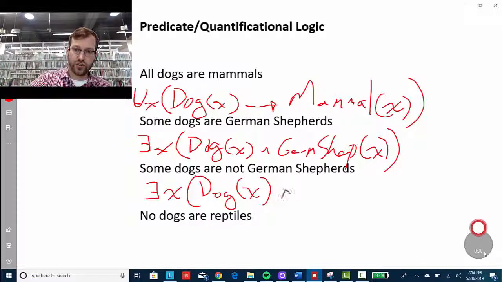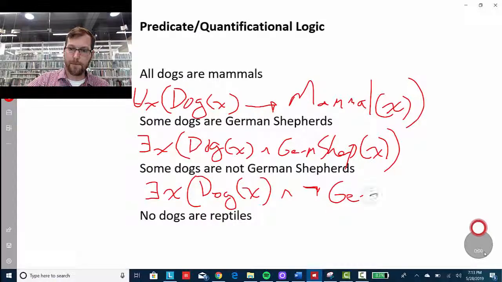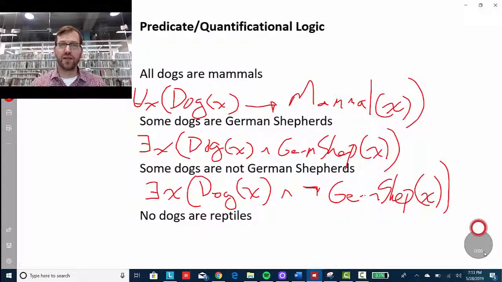First we need a conjunction, and then a negation to point out that the thing in question is not a German Shepherd. Right, so this says at least one thing has the property of being a dog, but not of being a German Shepherd. Same thing as saying some dogs are not German Shepherds.